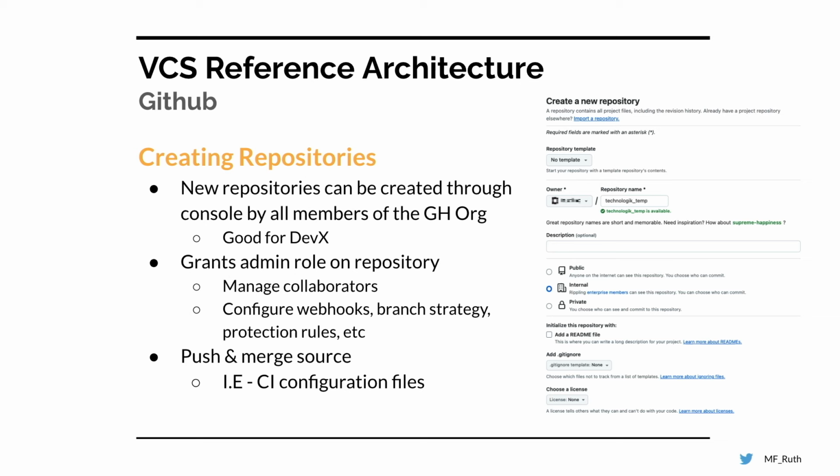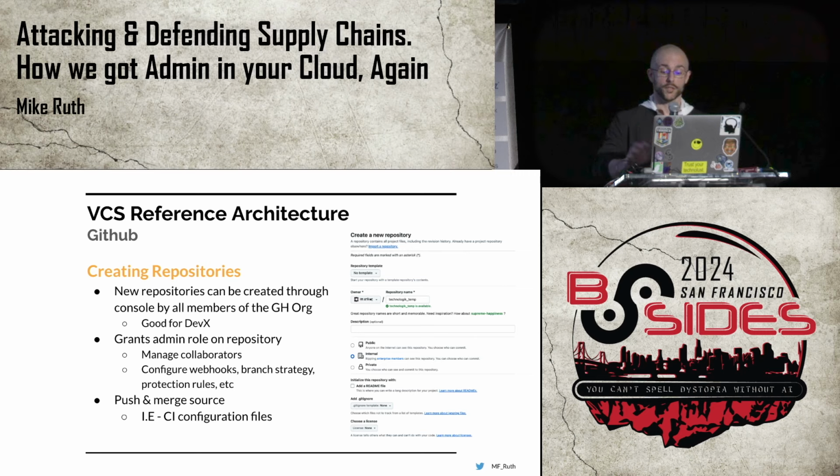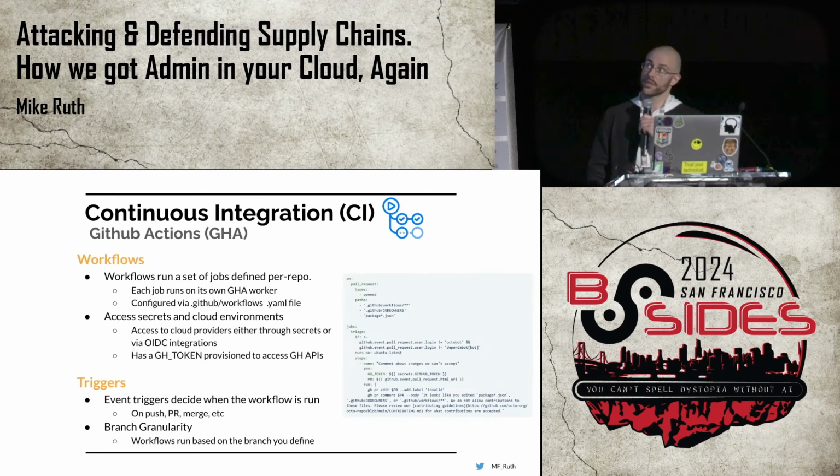In doing so, this gives them the ability to configure all the settings for that repository. This is things like manage collaborators who can get access, configuring webhooks, protection rules, right? Making sure that you can't force push to main, things like this. The other thing it means is it can actually configure how you connect to the rest of the tools in these environments.